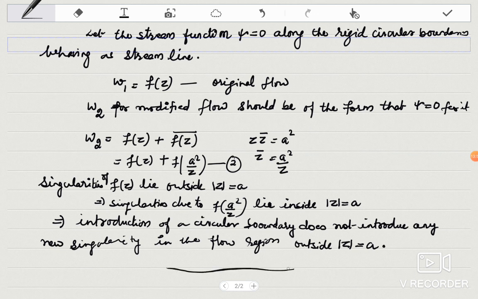Now with the help of an example, I'll show how we use the image theory and how we use the circle theorem. So come to an example.